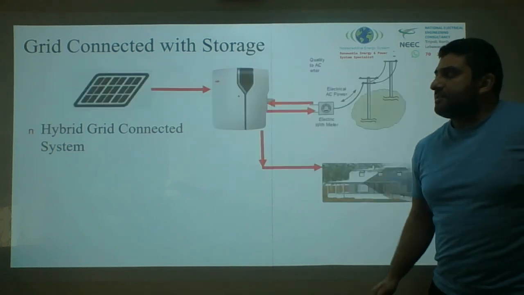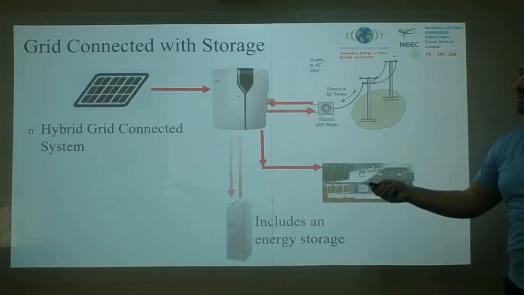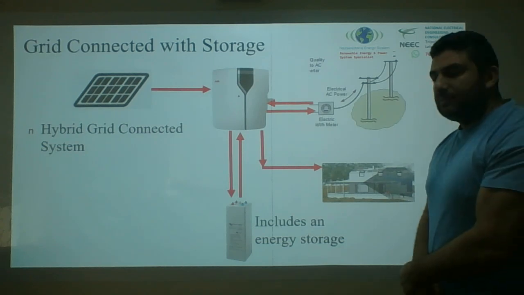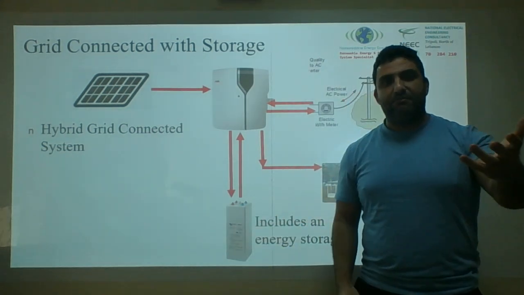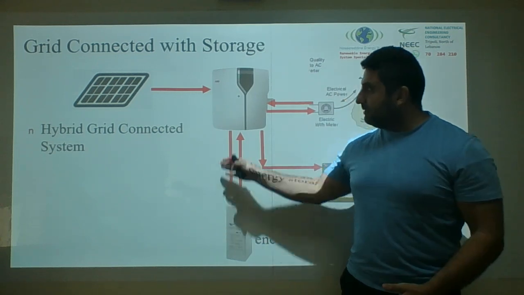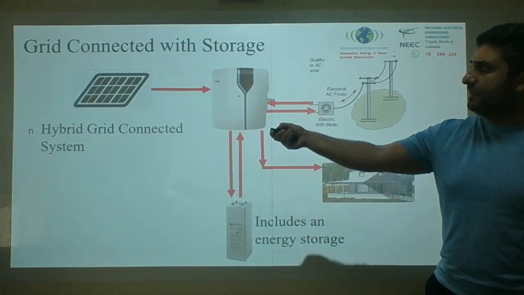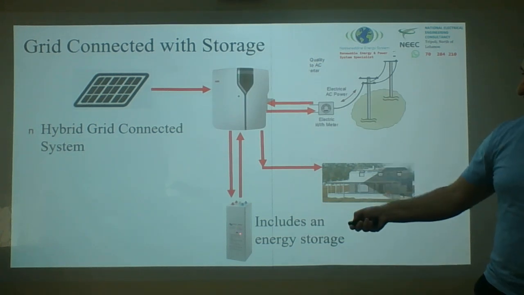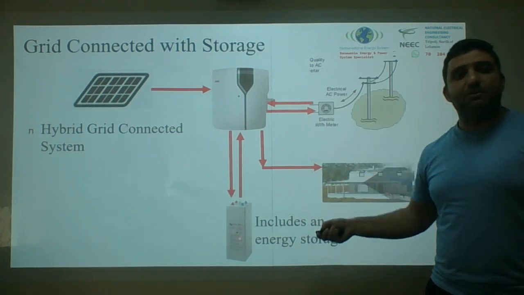Hybrid grid connected system. I have the grid connected system, plus I install an energy storage. I can take the energy and use it for the house, and the surplus will go into the battery to be used during peak hours. Why do I use this system?